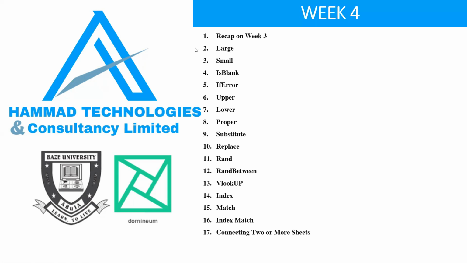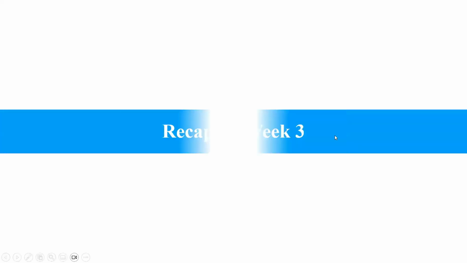And also we are going to talk about how to connect two or more sheets together. So this is what we are going to cover this week. Okay, so we'll have a brief recap on what we did last week.